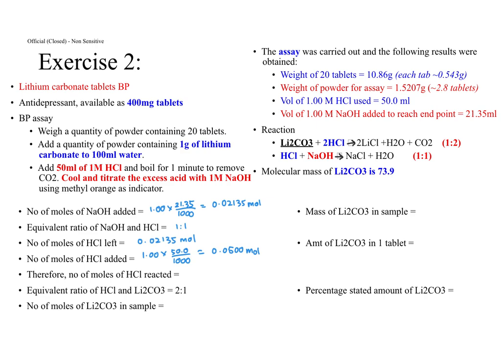Therefore, the number of moles of HCl that reacted with the sample of lithium carbonate is the moles of HCl added minus the moles of HCl remaining after the reaction. So let's take 0.05 minus 0.02135 moles.